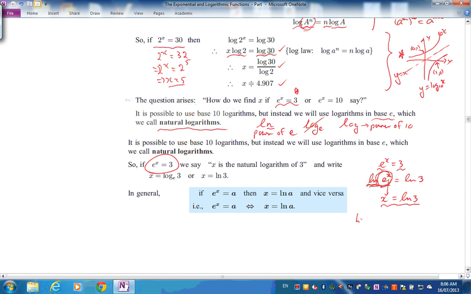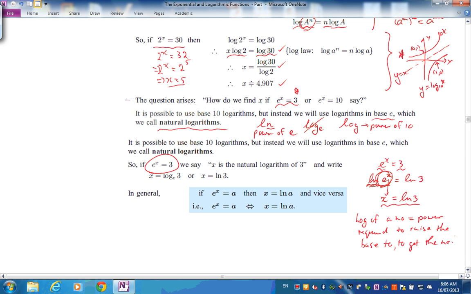Remembering the log of a number is equal to the power required to raise the base to, to get the number. Okay, so that's our fundamental definition.